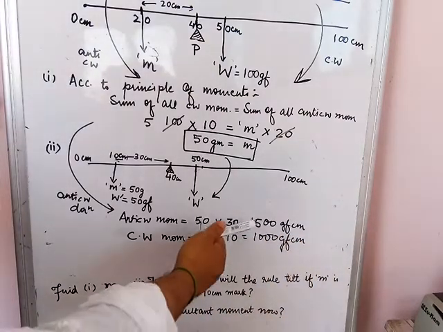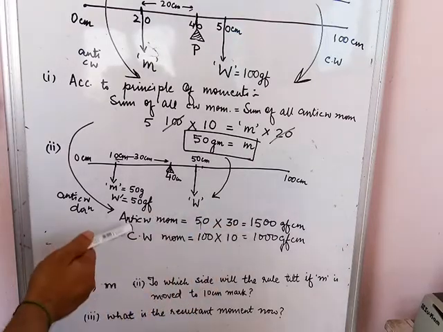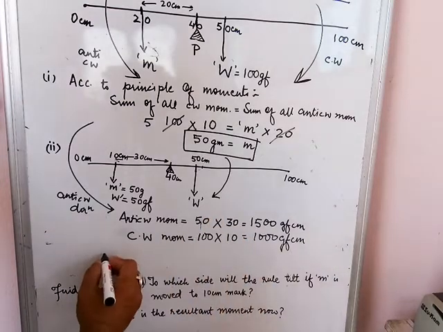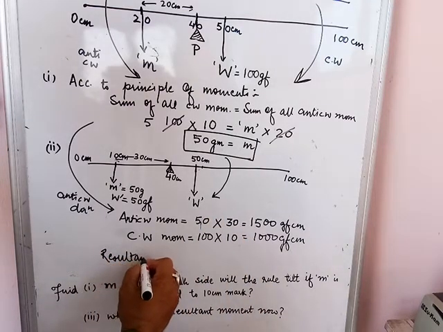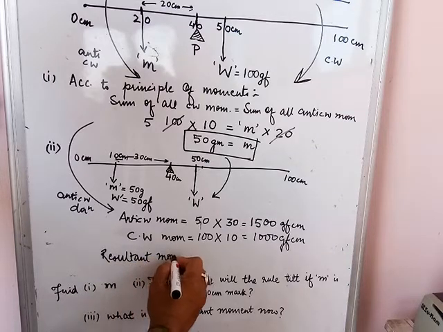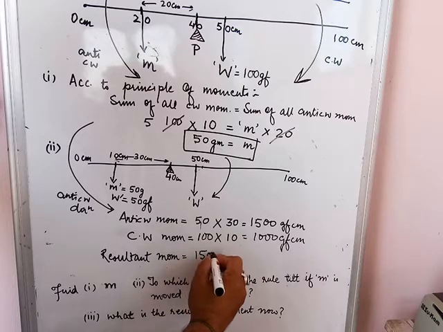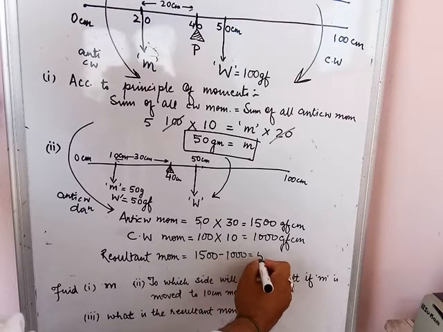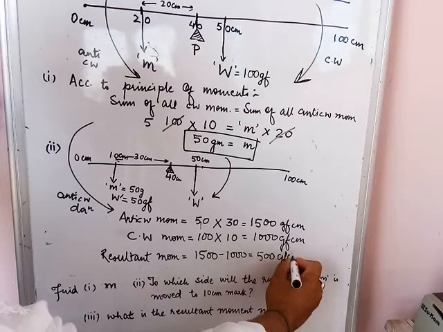Now you can obviously see that they are not equal, although they are in opposite directions, they are not going to be neutralized fully. So the resultant moment is going to be 1500 minus 1000, which is going to be 500 gf cm.